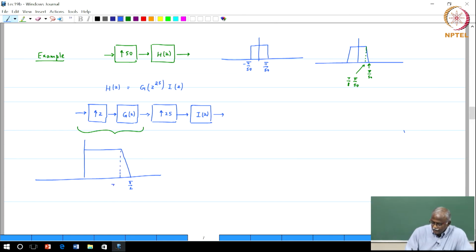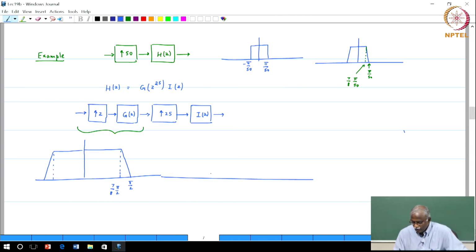So this would be 7 by 8 times pi over 2, and of course, if you were to draw it on the other side, again you will see this is the behavior. This is pi, 3 pi by 2 and 2 pi, and of course, you should have a corresponding image on the other side.